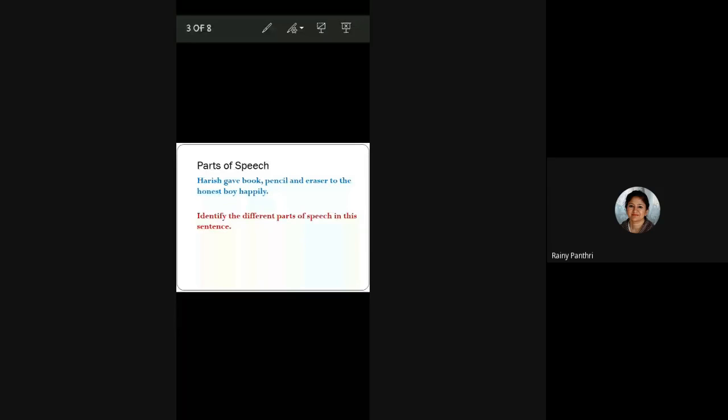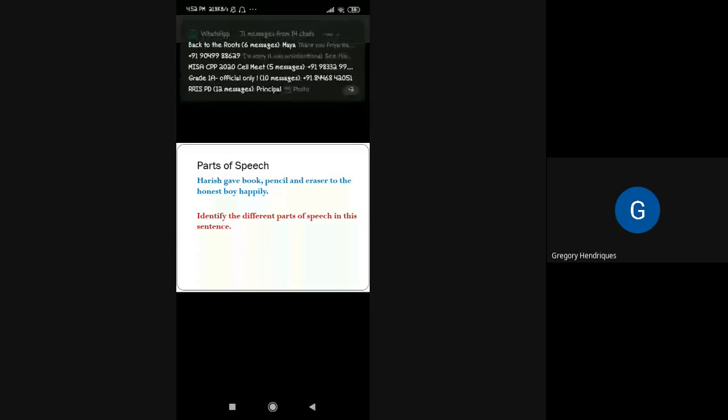What about the verb gave? What is it doing? It is showing an action, the action of giving something. Correct. Verb always does some action.